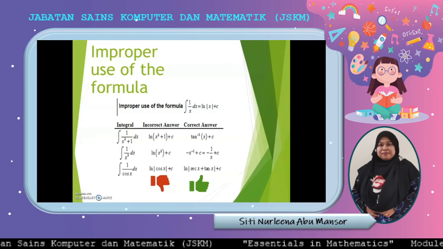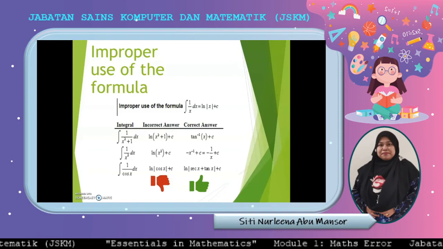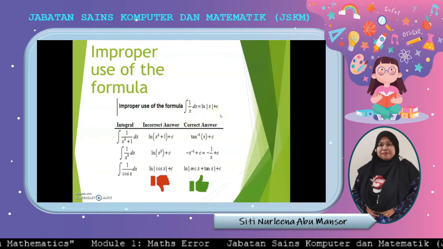Okay, let's move to improper use of the formula. This one is improper use of the formula integration of 1 over x dx equals ln x plus c. What are the common errors that students make?